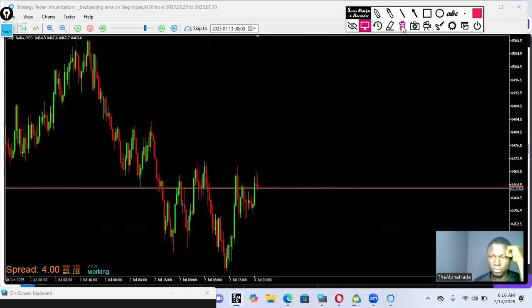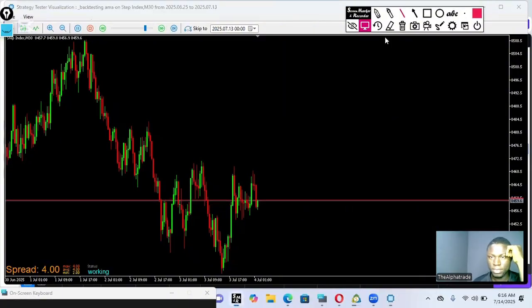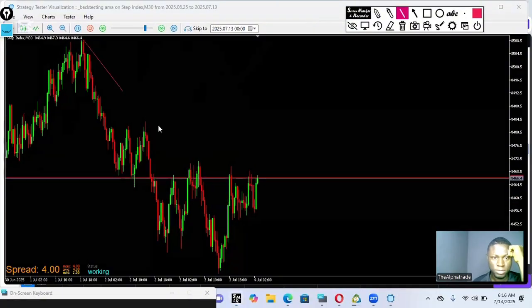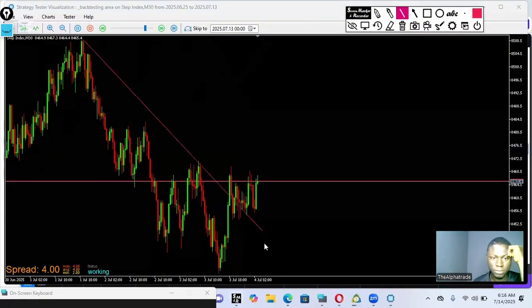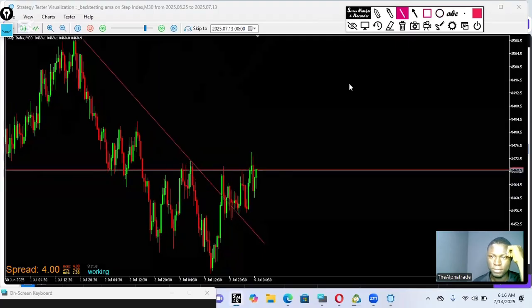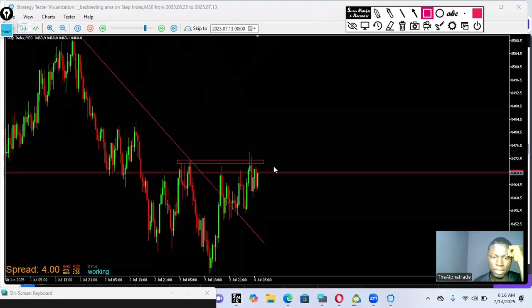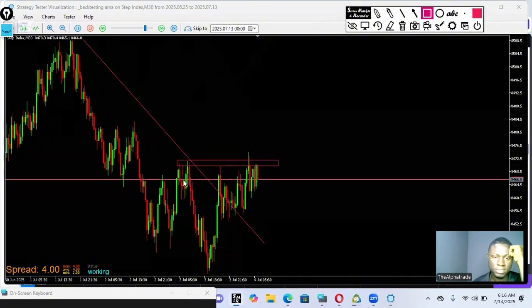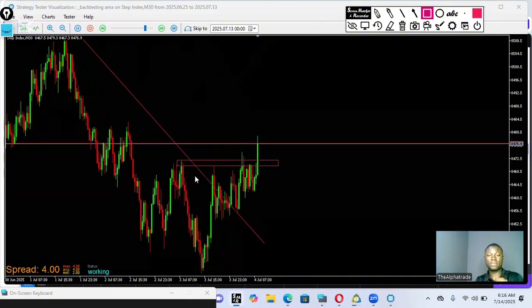Have to wait for price to break this level and then come give us the retest. Have to see a significant break.